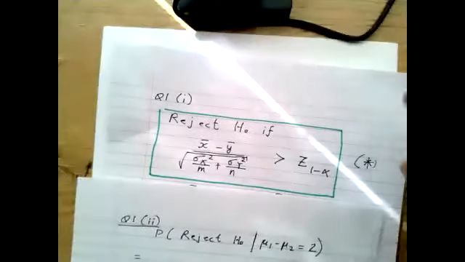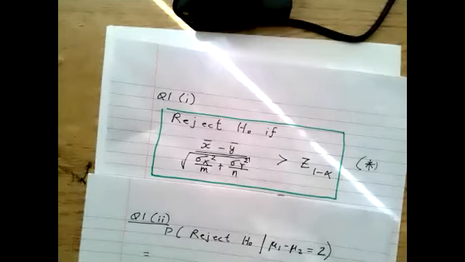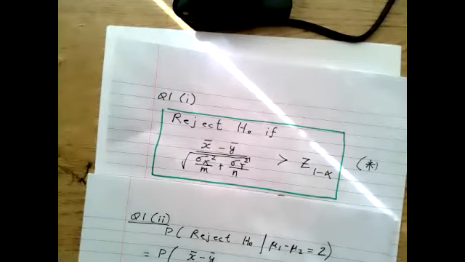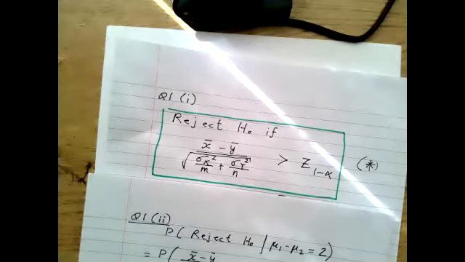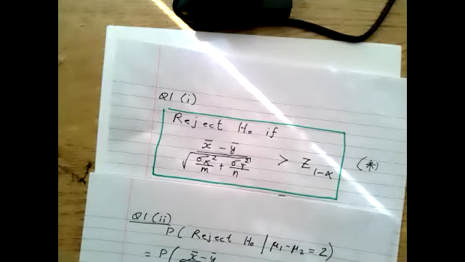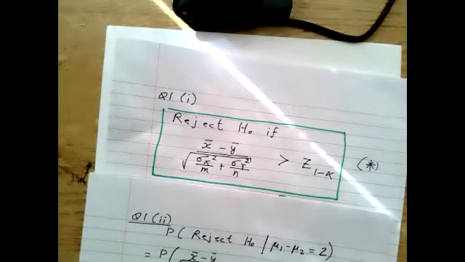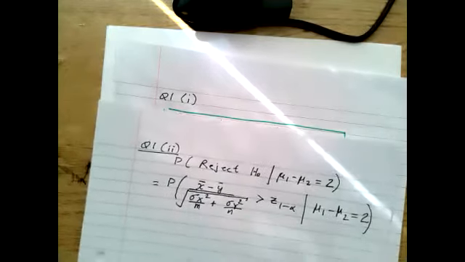Now if you go back to part one, remember this is the rule for rejecting the null hypothesis. So this is the probability that X bar minus Y bar divided by the square root of the variances is greater than, and this guy is 1.645, because remember alpha is 0.05.